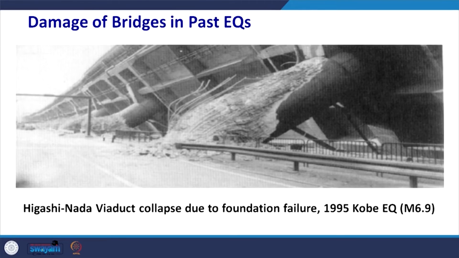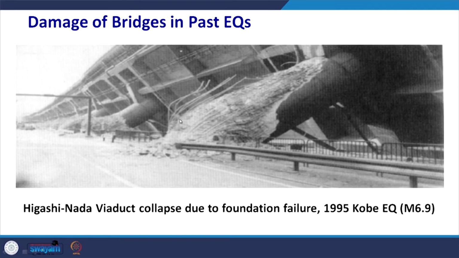Now, coming to the next example, which is also from the Kobe earthquake, you could see this bridge which is called the Higashi Nada viaduct. It completely collapsed, and this is also a live example of foundation failure in the 1995 Kobe earthquake.